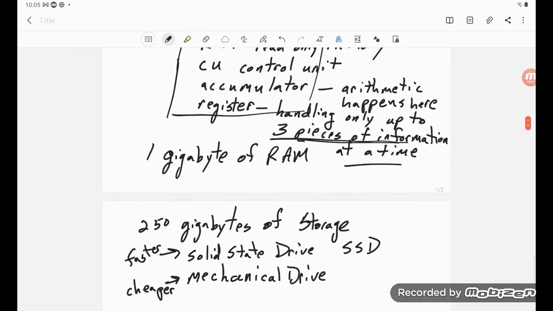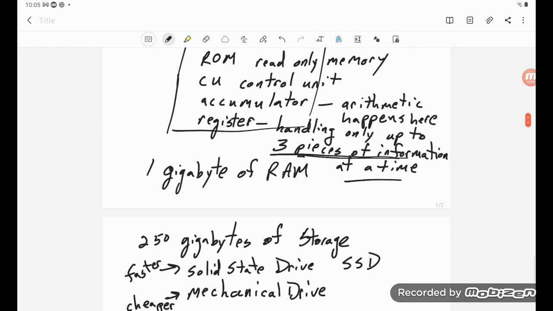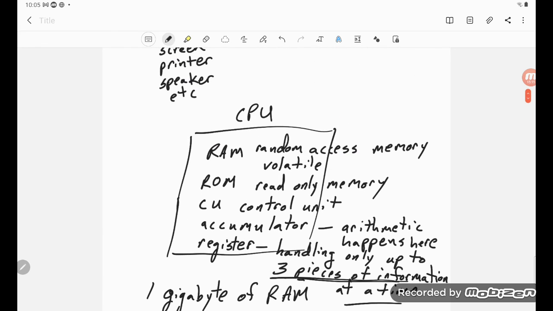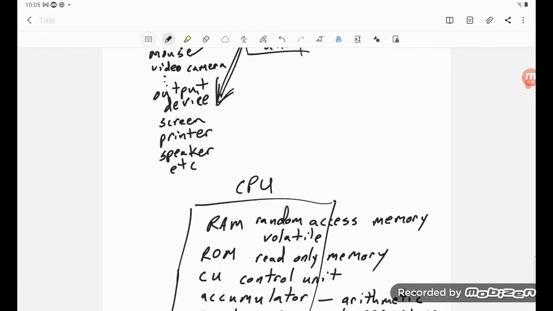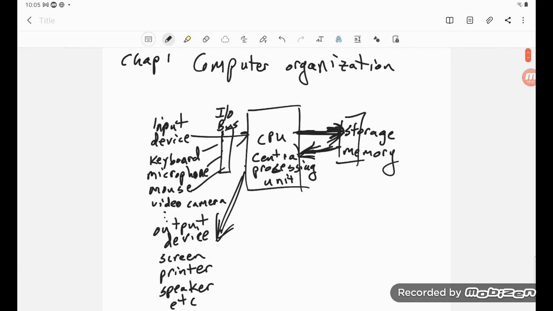And we have some sort of a storage mechanism. Okay, the CPU here does all the actual work, and we need input devices and output devices to be able to tell what the computer has done for us. So that's the basics of computer organization.